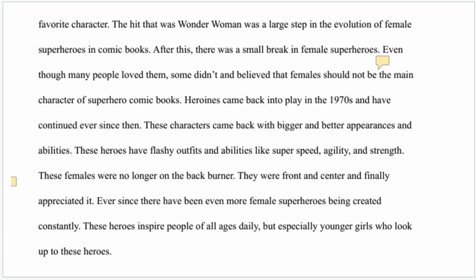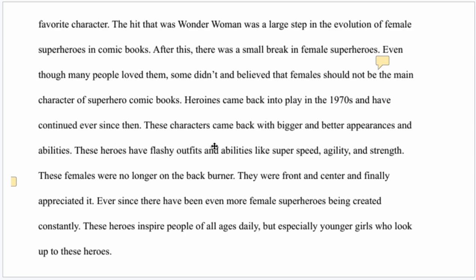All right, so this paper was about female superheroes, and let's read together. The hit that was Wonder Woman was a large step in the evolution of female superheroes in comic books. After this, there was a small break in female superheroes. Even though many people loved them, some didn't and believed that females should not be the main character of a superhero comic book. Heroines came back into play in 1970s and have continued ever since.